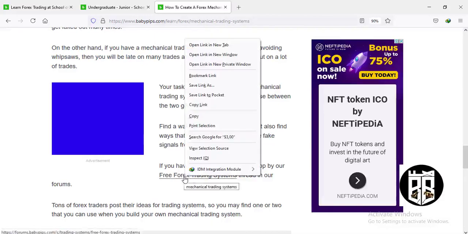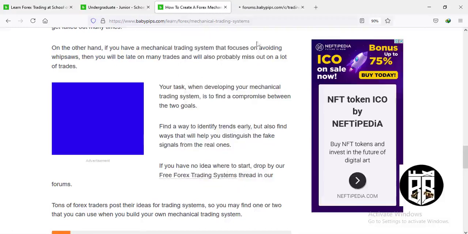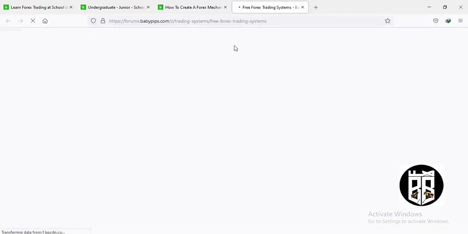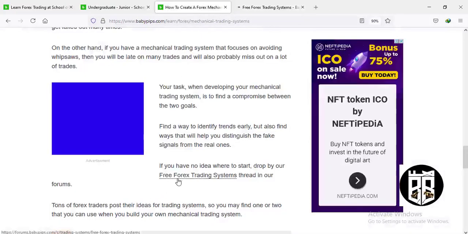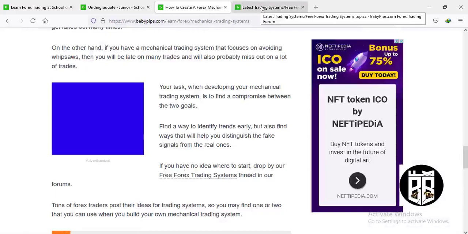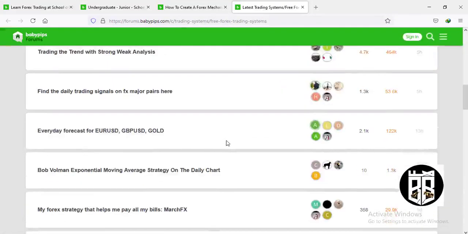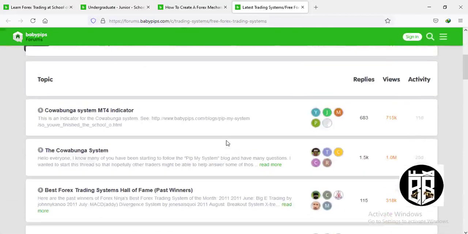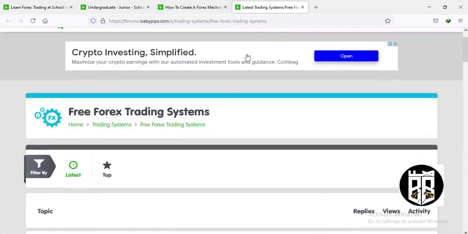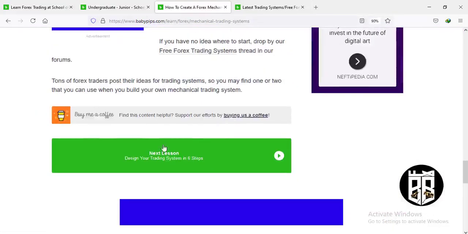There are also many forex traders in the community of Babypips who have developed several trading systems, and if you want to take a look, you can head over and click this link. There are many traders on the forum who have developed different systems, so you can find any of them if you wish and stick with it, or better still, create your own system.